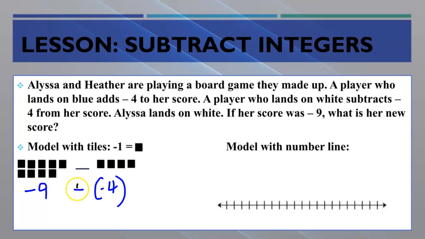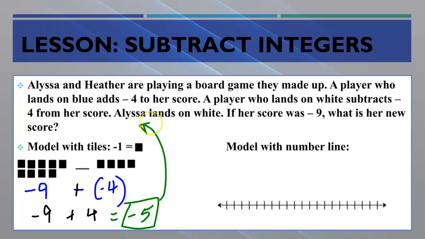So this would be a plus, and the opposite of -4 is +4. So really I have -9 plus 4. Since the signs are different, all I'm going to do is subtract them, which 9 minus 4 is 5. But 9 is bigger than 4, so I use the sign on 9, which is negative. So my answer would be -5.